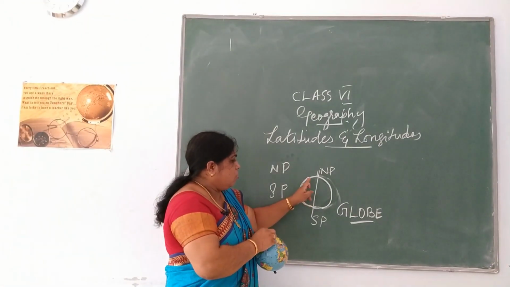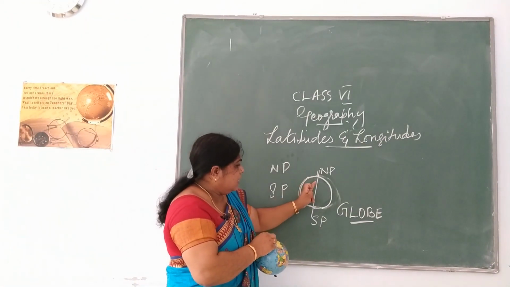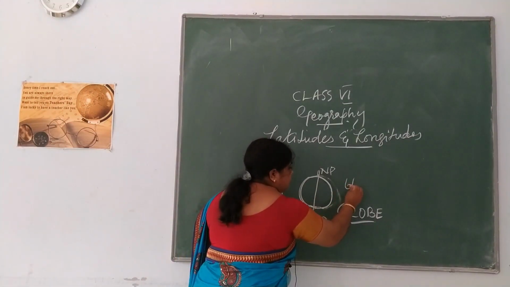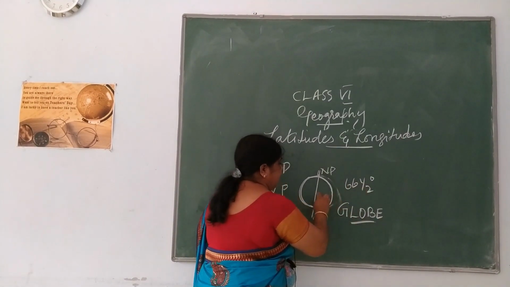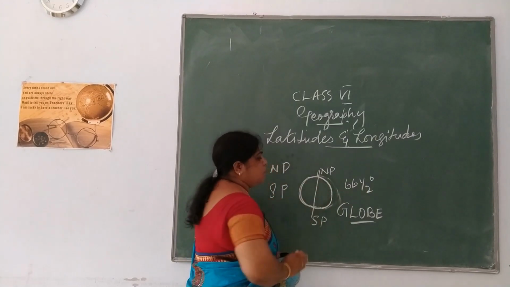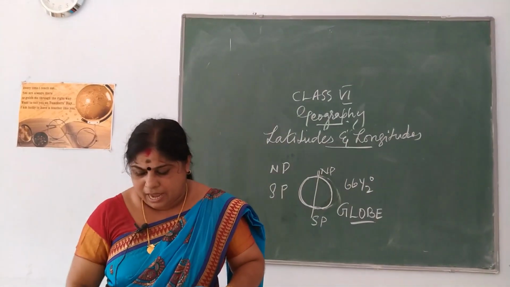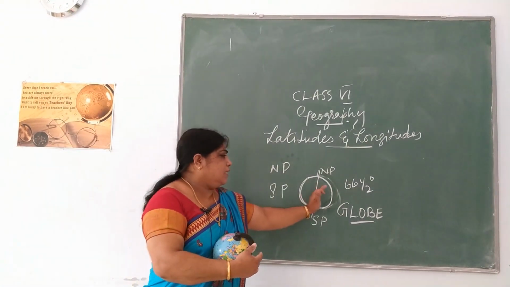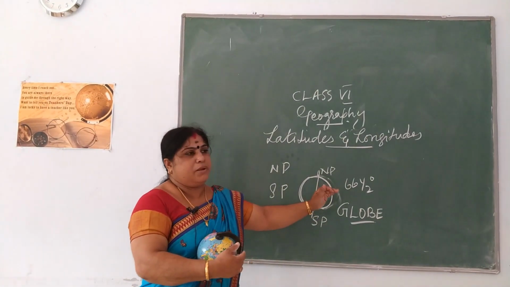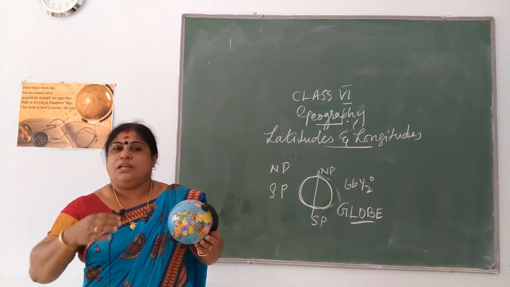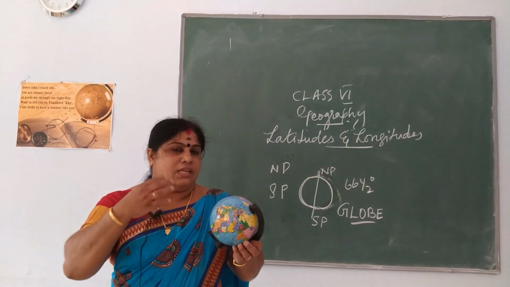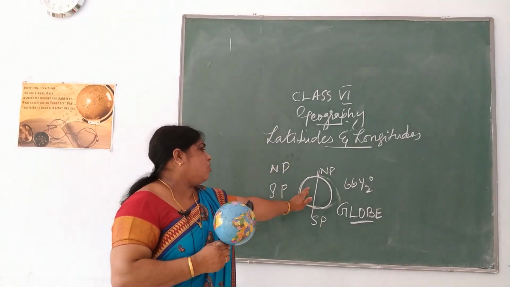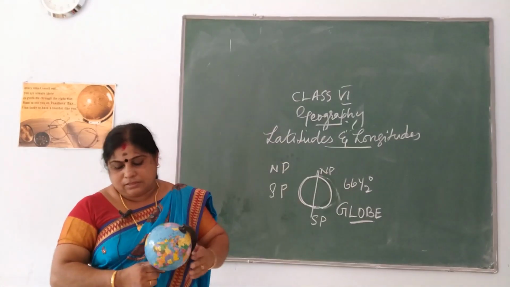The picture drawn on the board also shows that it is a little bit tilted, to a degree of 66.5 degrees. It is in a slanting position of 66.5 degrees, and it is this tilting that results in the formation of winds, ocean currents and seasons. All this happens because of the tilting of this axis.